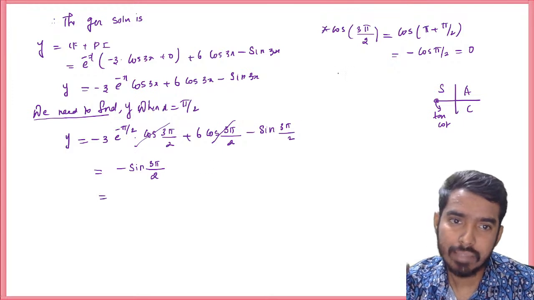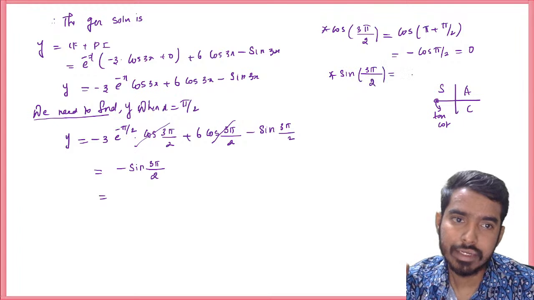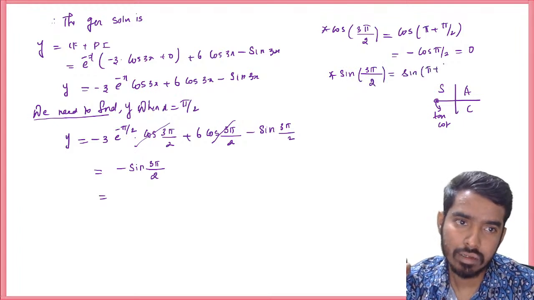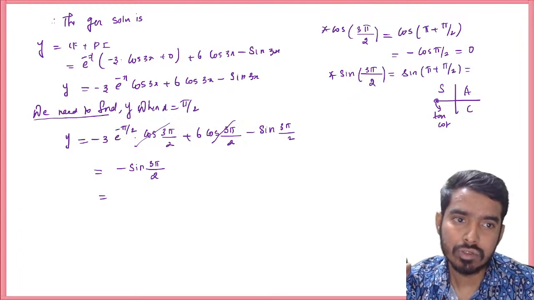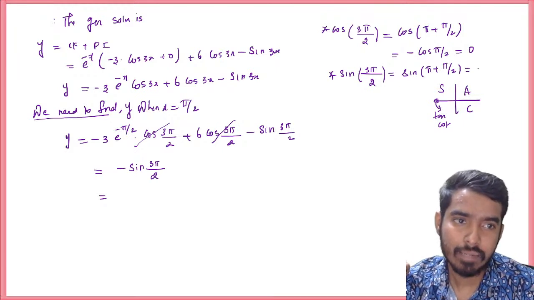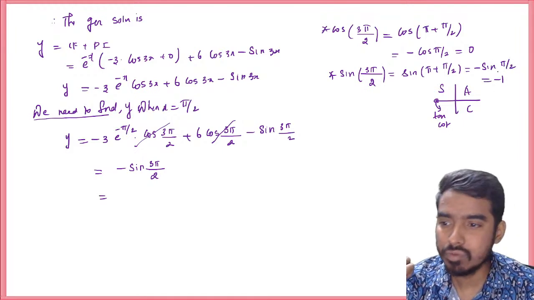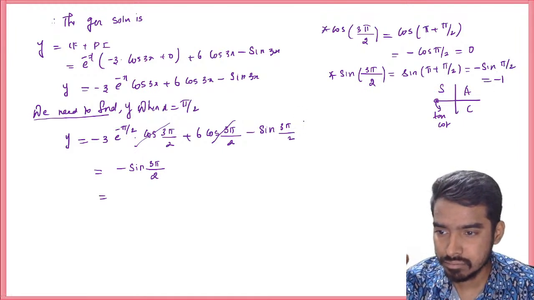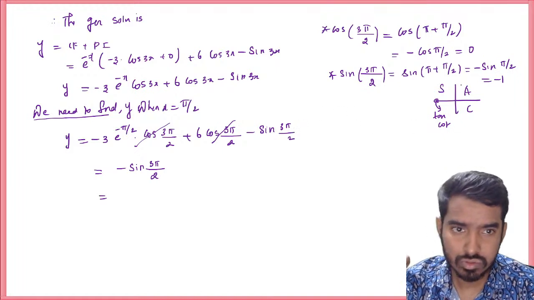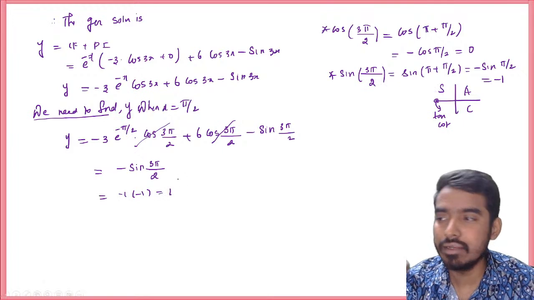So what is sine 3 pi by 2? It is sine of pi plus pi by 2. Again it comes in the third quadrant, so minus sine pi by 2. Sine pi by 2 is 1, right? So the value of sine 3 pi by 2 is minus 1. So 1 is the required answer, right?